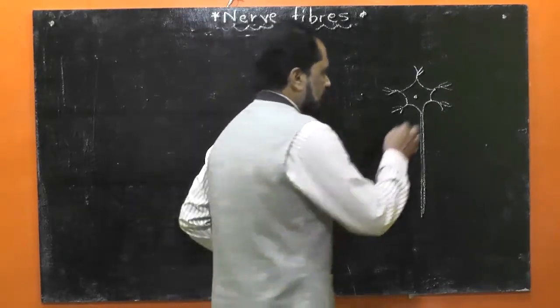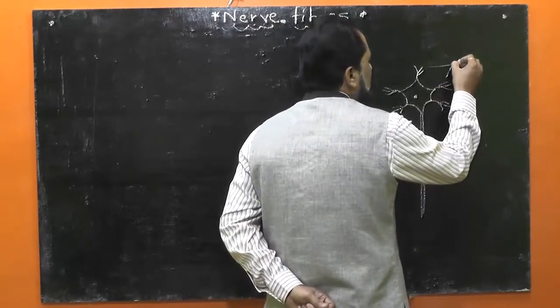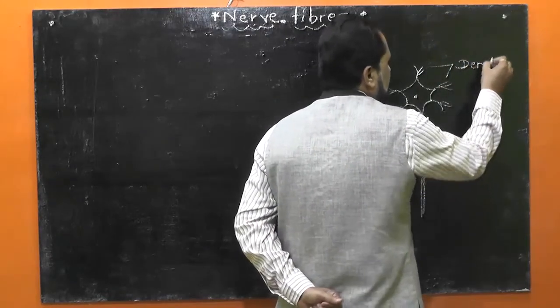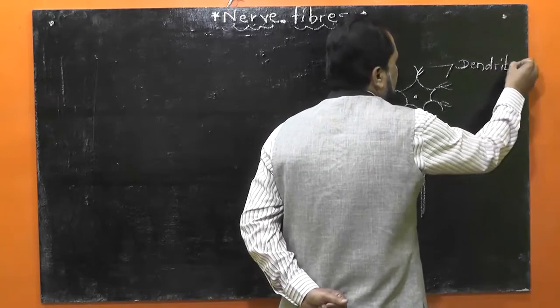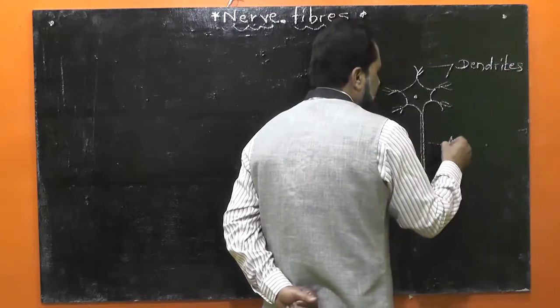Let me label here. These are supposed to be dendrites. We have already studied. And here is axon.